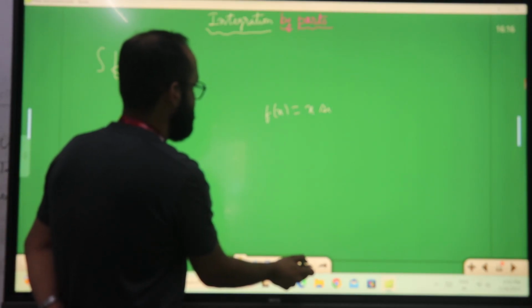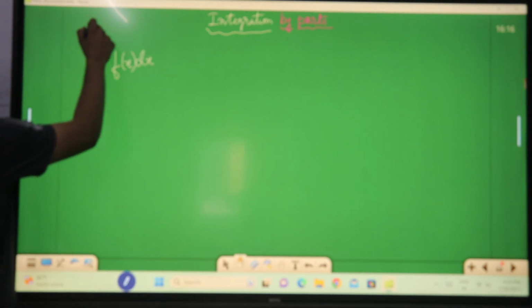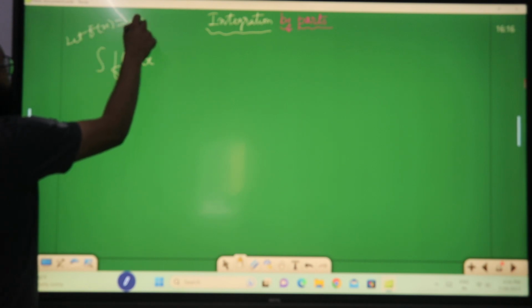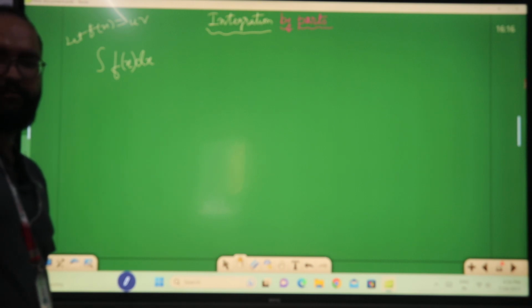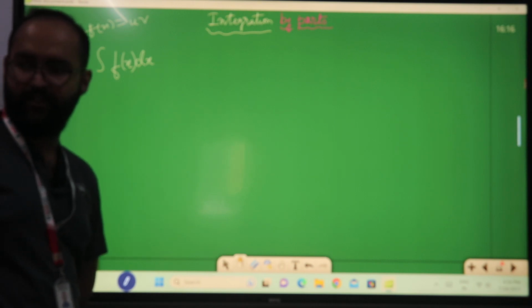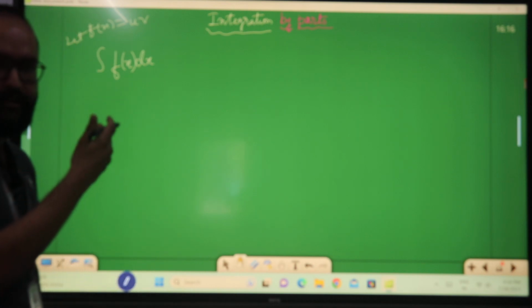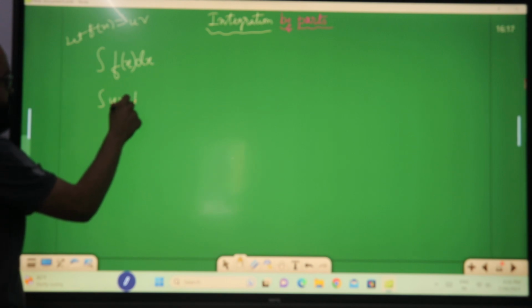So in general, let us take f(x) equal to, say, multiplication of two functions u and v. Do you remember in differentiation we took u and v? The uv rule, u by v rule, those were product and quotient rules. So in integration by parts also, we will take the function as u into v.